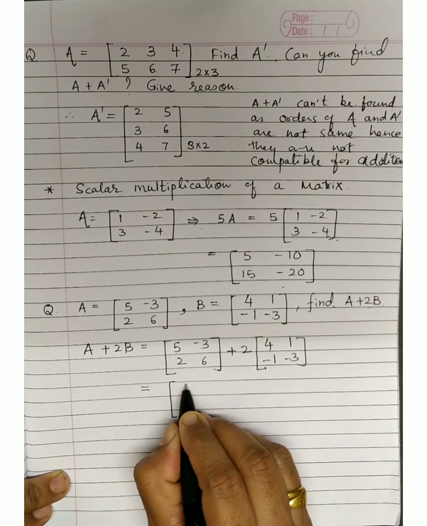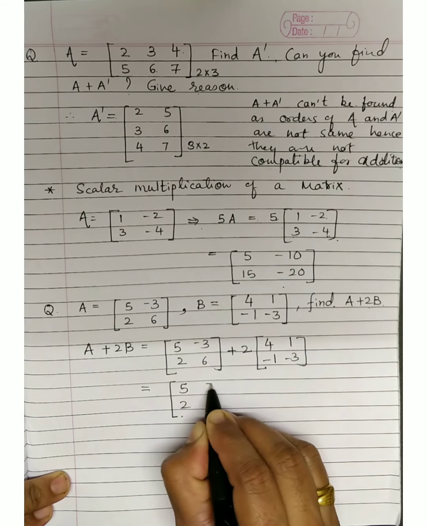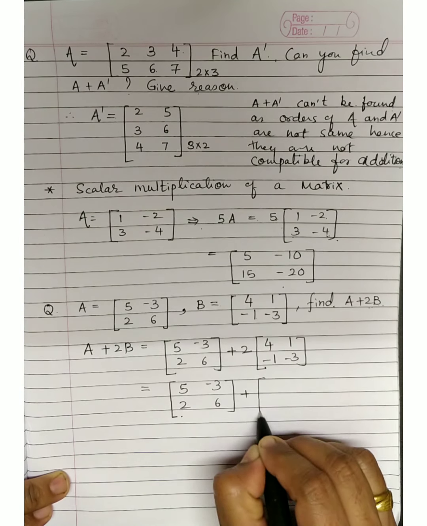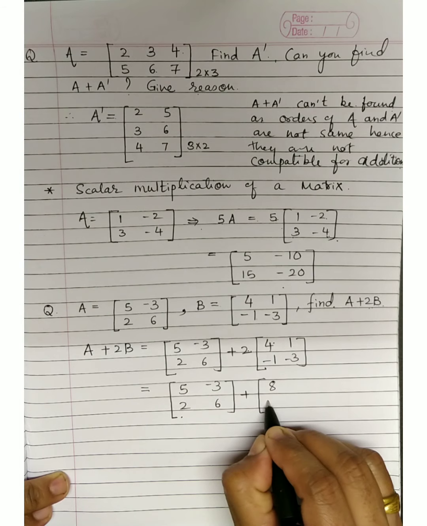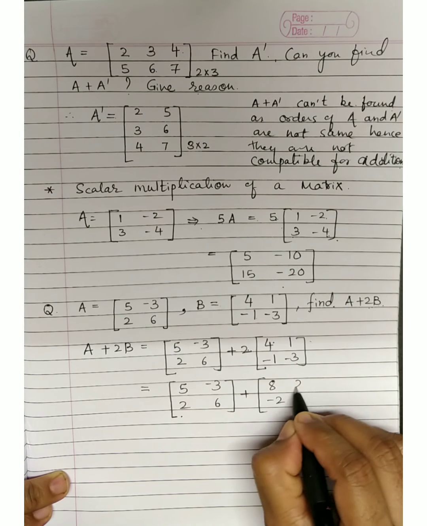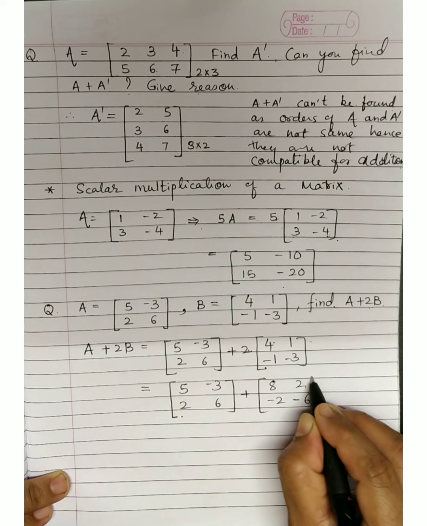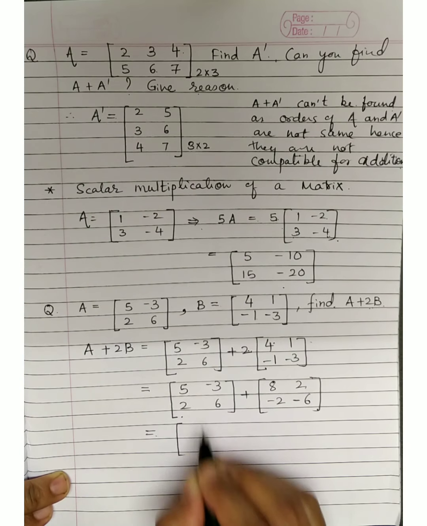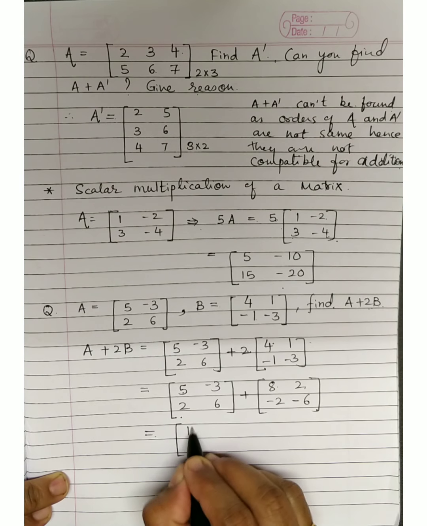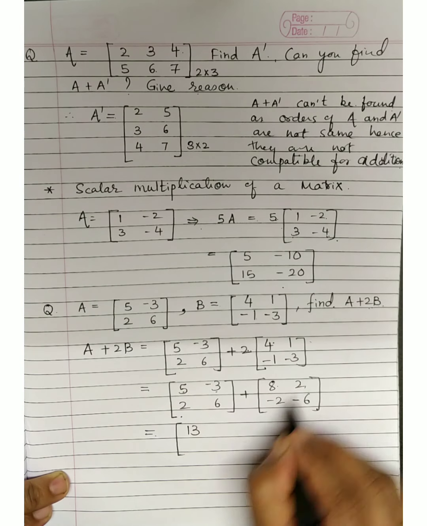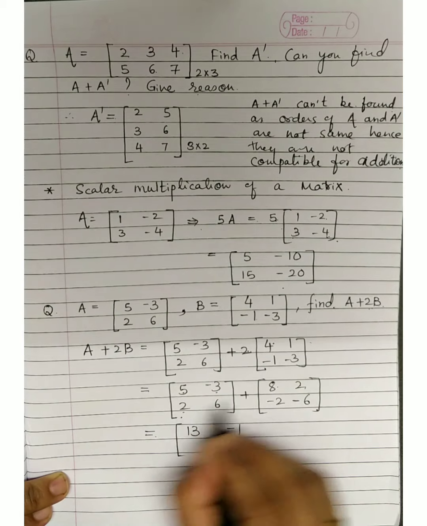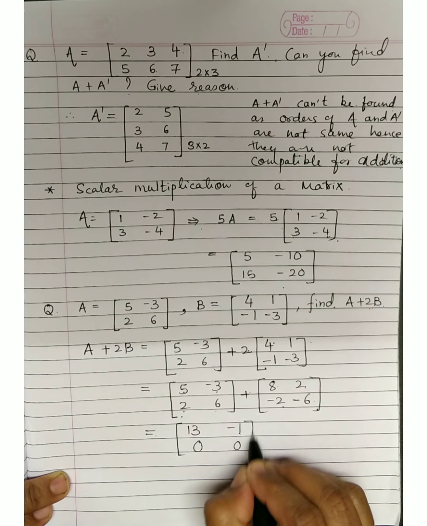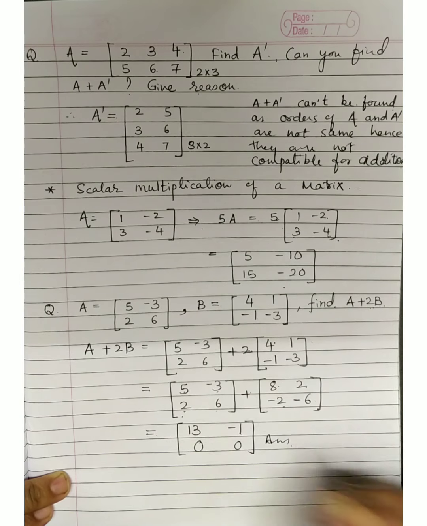First multiply, we will multiply there, plus, now what this will be? 4 2s are 8, minus 2, 2 and minus 6. Then 5 plus 8, 13, minus 3 plus 2, minus 1, 2 plus minus 2, 0, 6 plus minus 6, 0. Got the answer.